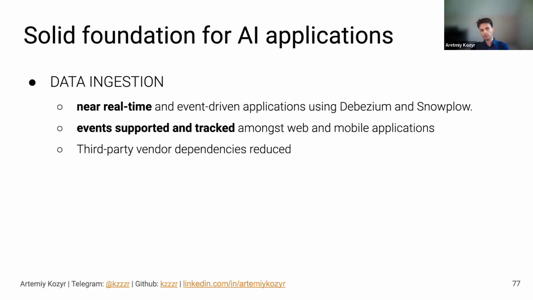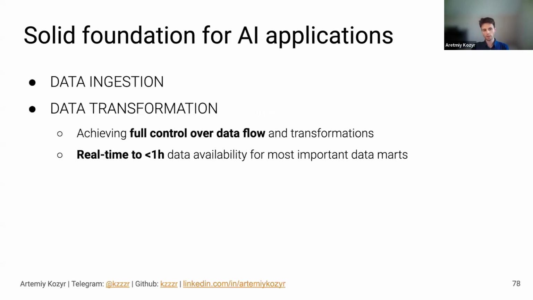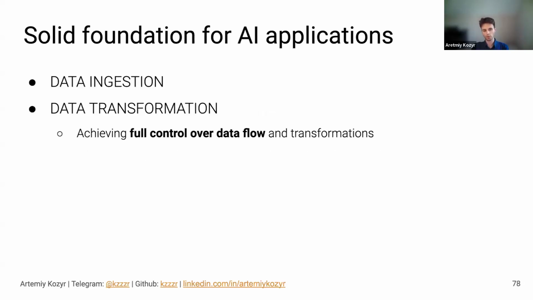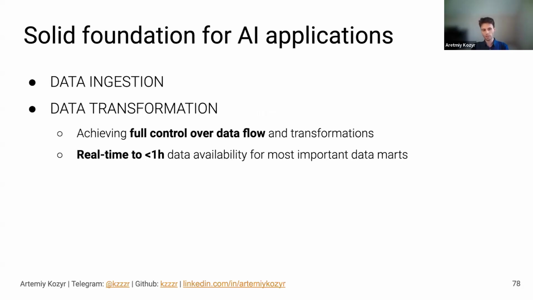And then it ends up with third-party vendor dependencies reduced. Then it's about data transformation. So achieving full control over data flow with DBT, with Kafka single message transformation. And it gives us almost near real-time data availability for most important data marts. So can be served real-time.